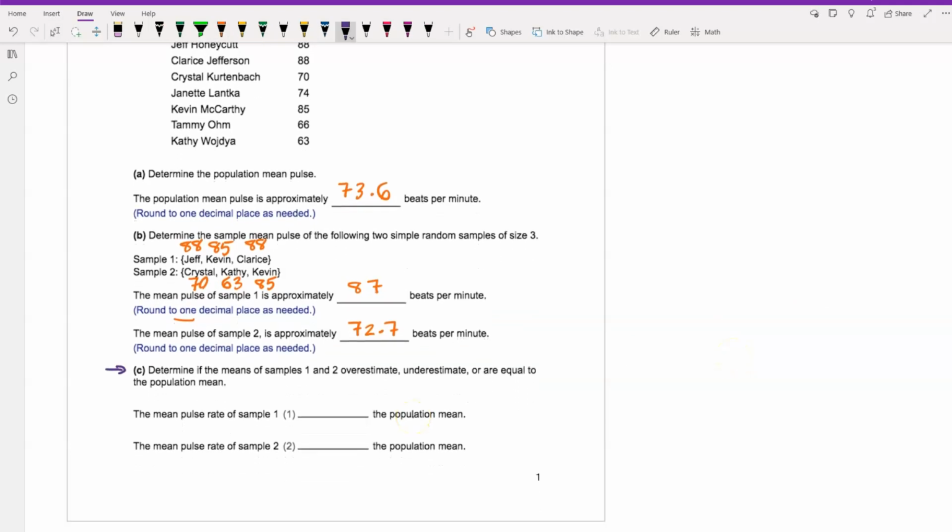Now here, part C, determine if the means of samples 1 and 2 overestimate, underestimate, or are equal to the population mean. So the first one, mean of sample 1, it's 87, and population mean was 73.6. This 87 is greater than 73.6. That means this one is an overestimate.